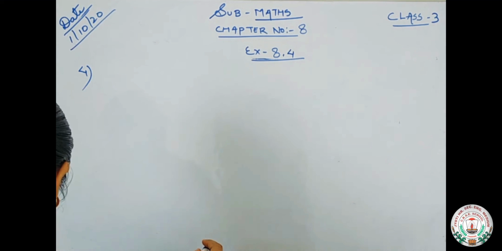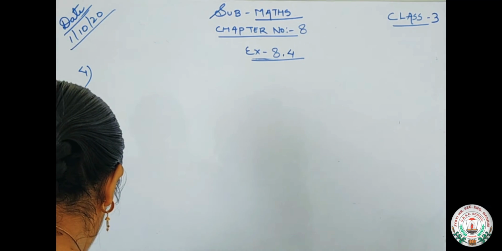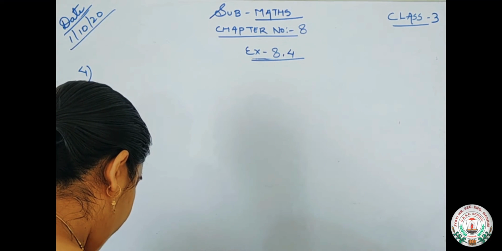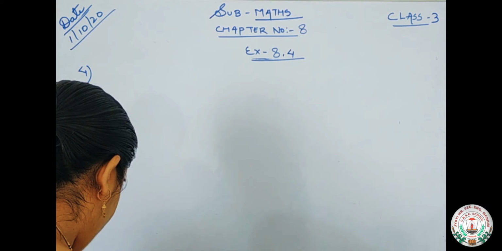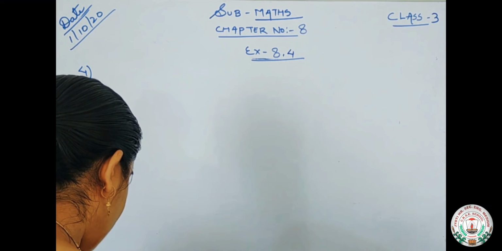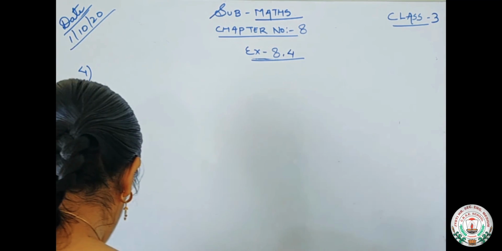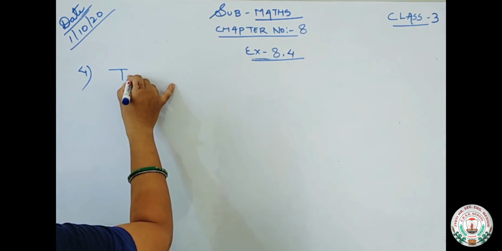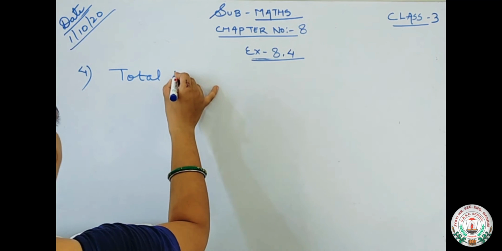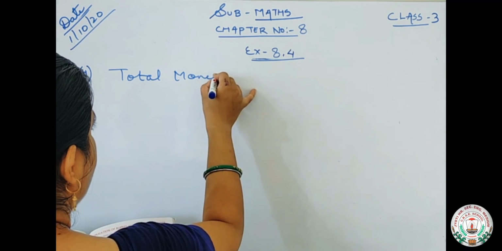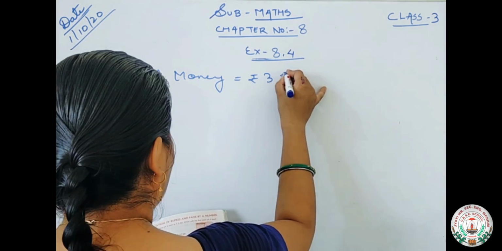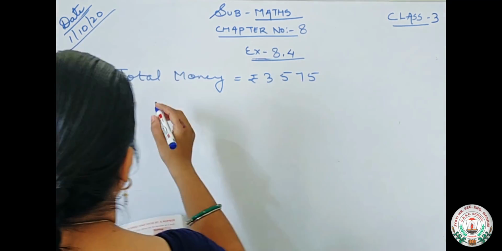Now question number 4 is: Yogesh earned rupees 3,575. He paid rupees 825 as rent, 1250.50 for ration and 510.75 for tuition fee of his son. How much money is left with him after the expenditure? So we will write total money Yogesh earned is rupees 3,575.